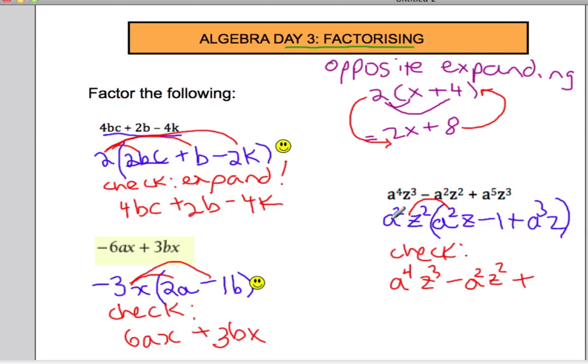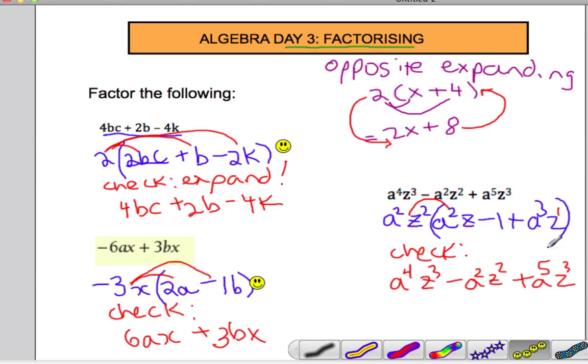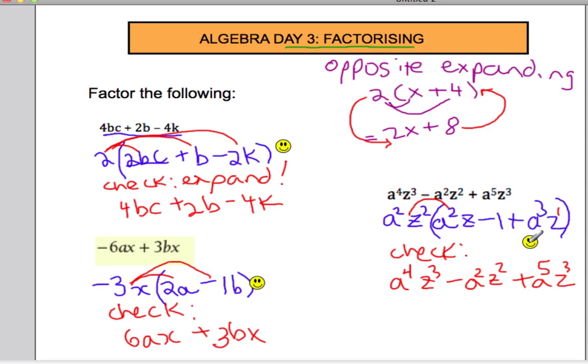And then plus a squared and a cubed is, that's 2 a's and 3 a's, that's 5 a's. z squared and z is, now be careful here, you have 1 z here and 2 z's here, so it doesn't stay as z squared. Okay, and you've got z cubed, and look at this, if you compare to the original once again, we are happy. So there you go. Hopefully factorizing is okay. And now you can go ahead and try the work.